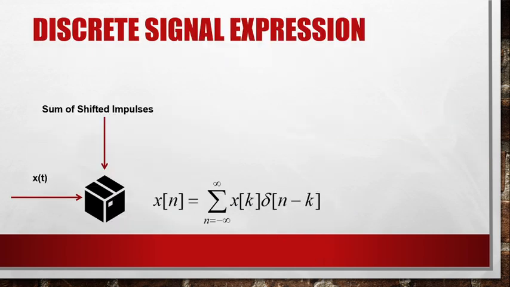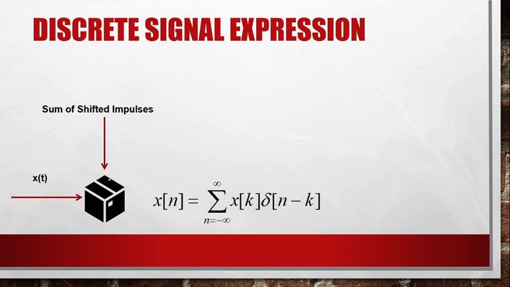Next, this is the very important part, and you will need it very much, so just try to understand what I am trying to say here. This is a continuous signal x(t). I am taking a black box over here.